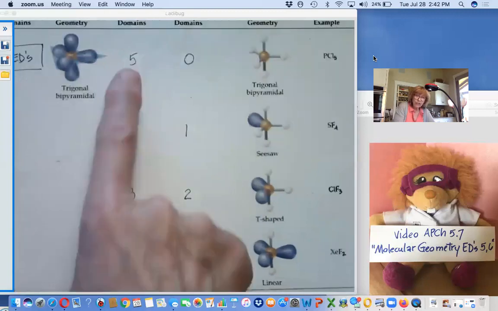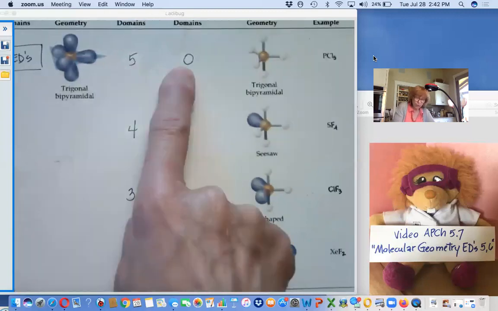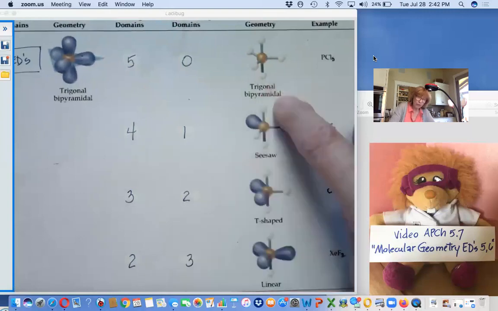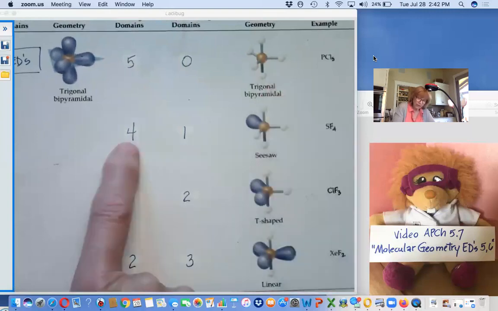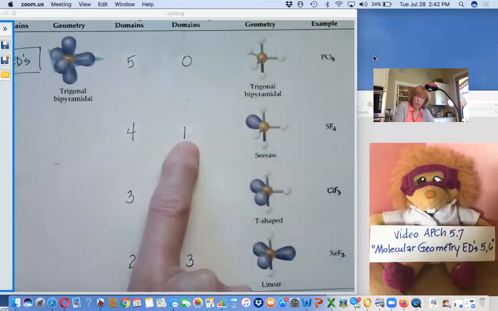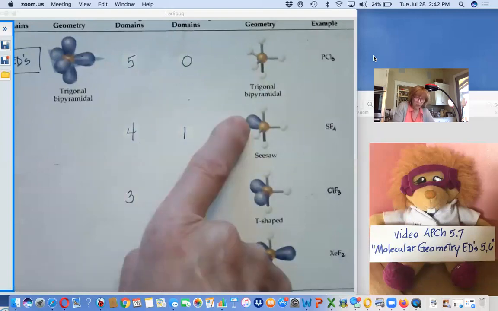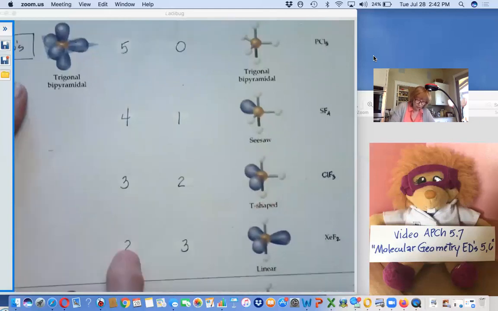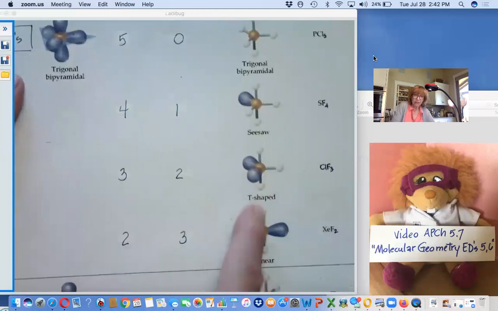If all 5 of the EDs are bonds and no lone pairs, the molecular geometry is trigonal bipyramidal. If 4 of the EDs are bonds with 1 lone pair, that's called seesaw. If you have 3 bonds and 2 lone pairs, your molecular geometry is T-shaped. And if you have 2 bonds and 3 lone pairs, the molecule is linear.